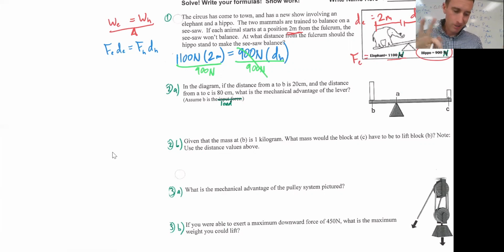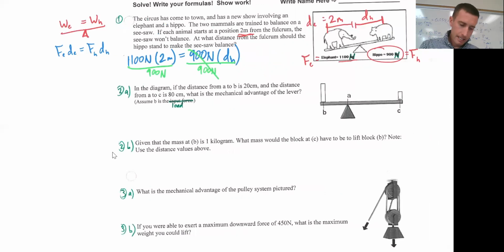I'm going to round it to 3 significant figures because I have 900, and for significant figures I want to use the smallest value, but that would be 2 meters, and that just doesn't feel like enough. So I'm going to kind of break my own rules and say that the distance of the hippo should be 2.44 meters from the fulcrum. There you go.